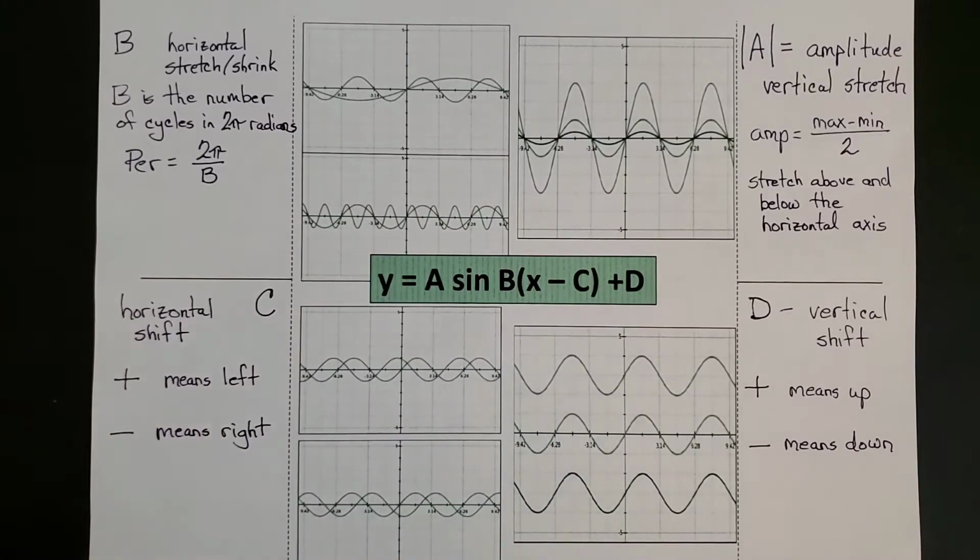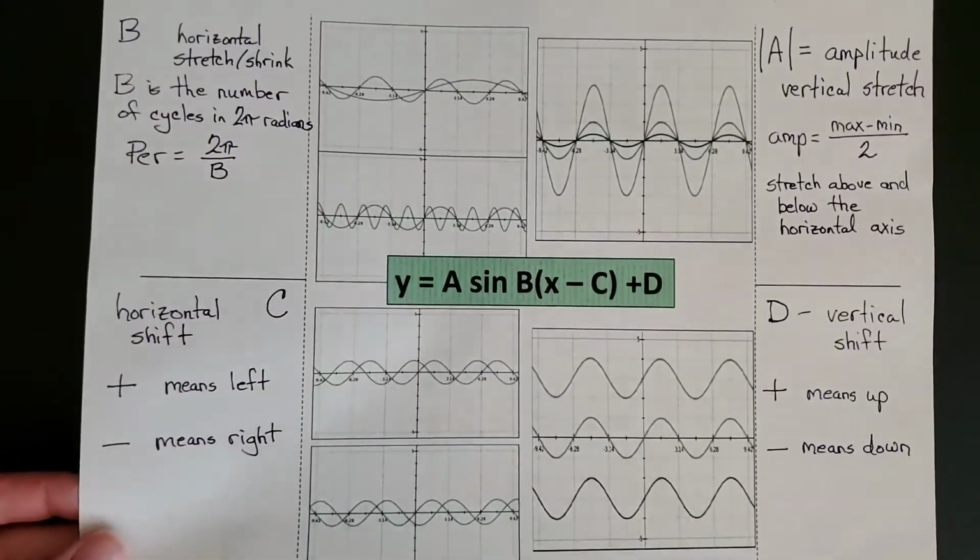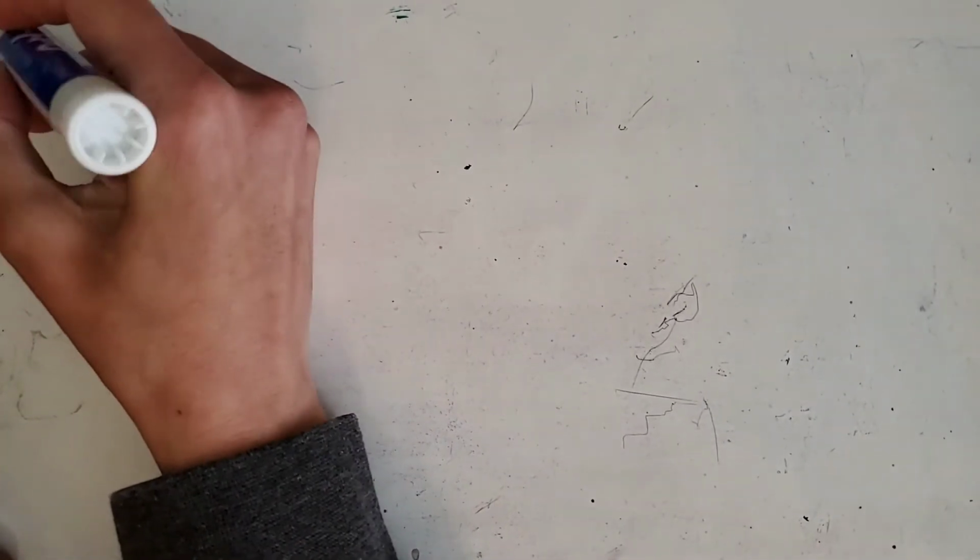All right, so now I have an example I would like for us to work through. I'm going to move to my whiteboard. You might just want to turn this page over. Let's see. I would like to look at this equation here.